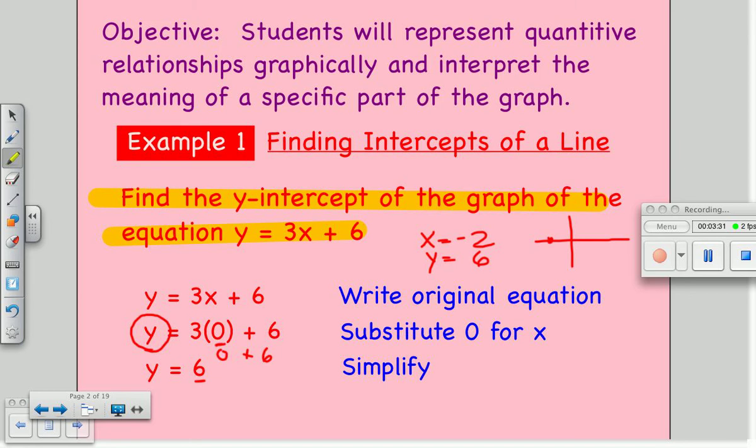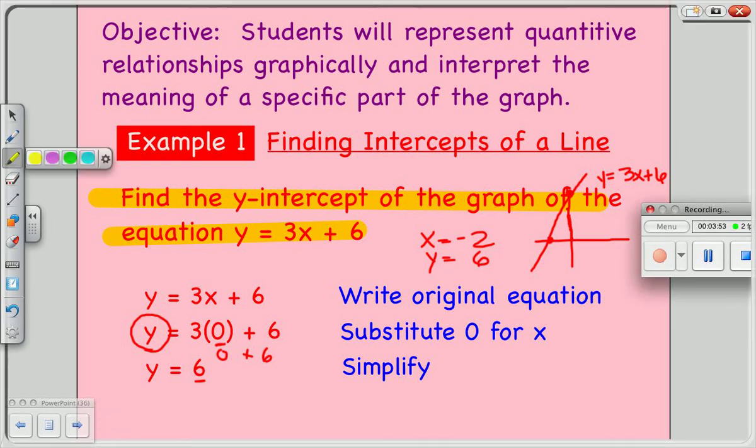And y is 6. I'm going to move this a little taller. 1, 2, 3, 4, 5, 6, maybe about right there. And then the line gets drawn. So this line is for the equation y equals 3x plus 6. So just make sure that you have all of this written down. All right? Next page.